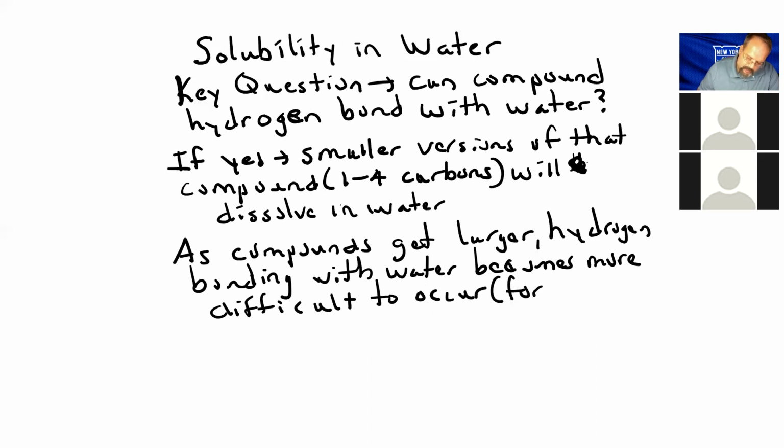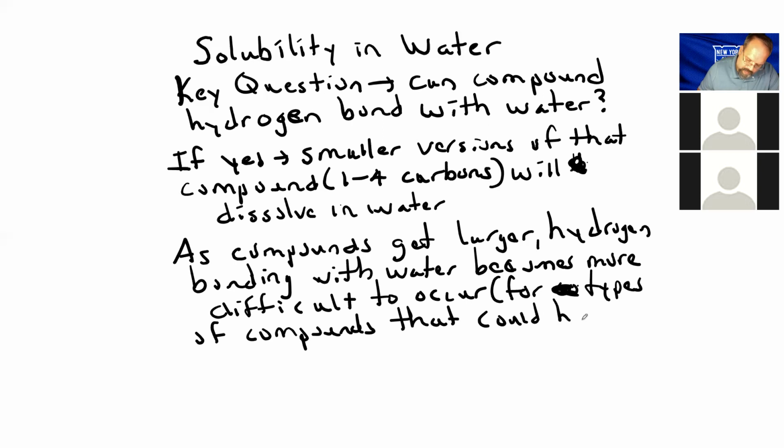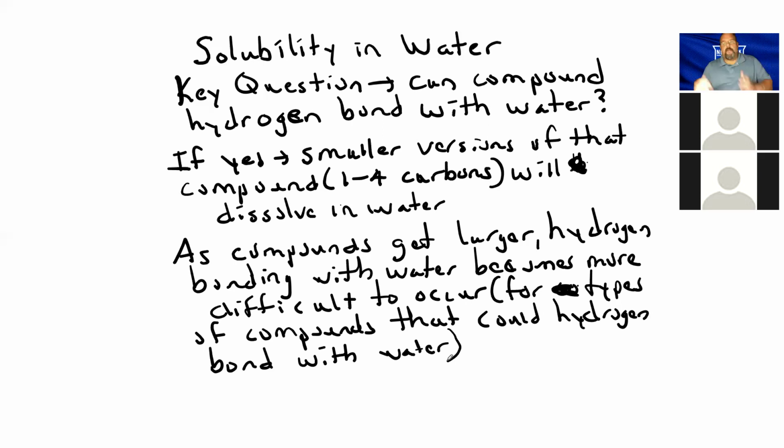And this would essentially be for types of compounds that could hydrogen bond with water. So what do I mean by that? Carboxylic acids, alcohols, aldehydes, ketones. We'll touch upon those briefly today as well. Those types of compounds should be able to hydrogen bond with water.